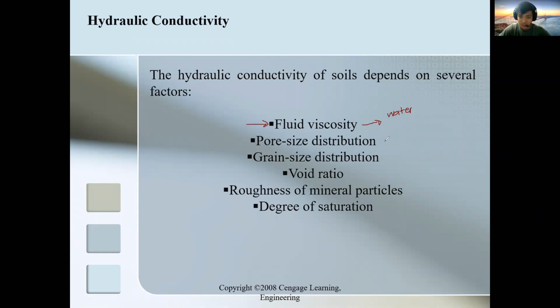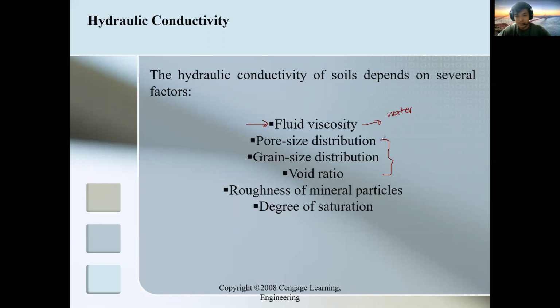Okay, now the next three are interrelated: pore size, grain size distribution, and void ratio. If your pore size is big, then of course the grain size will also be different. And if your grain size is big, it produces a big void ratio. So the three are interrelated.